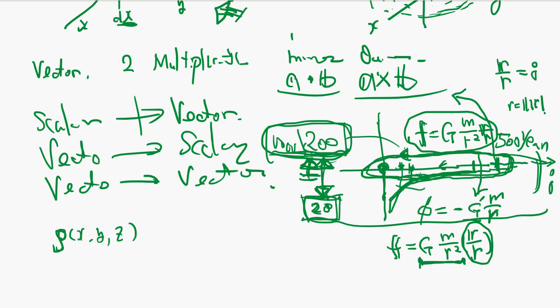Okay, now you see the relationship between potential energy, which is a scalar, right? And the force is a vector. And how do you do this? If you remember, you integrate the force to get potential energy.